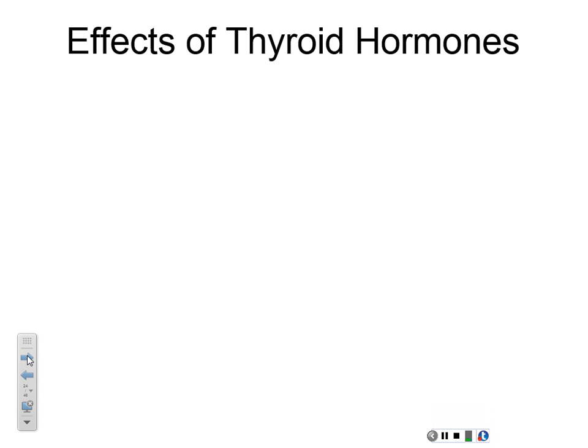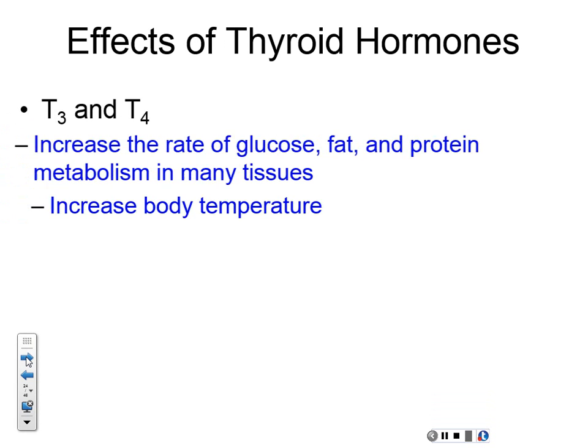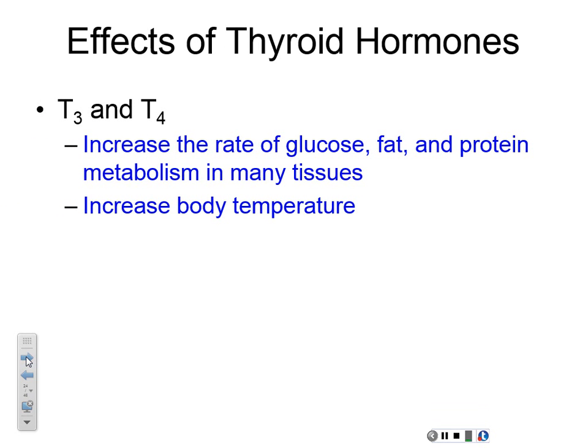And then the parafollicular cells produce calcitonin. So now we talk about the effects of the thyroid. The thyroid hormones, T3, T4, they upregulate your metabolism, mobilize nutrients, increase body temperature and stuff like that.